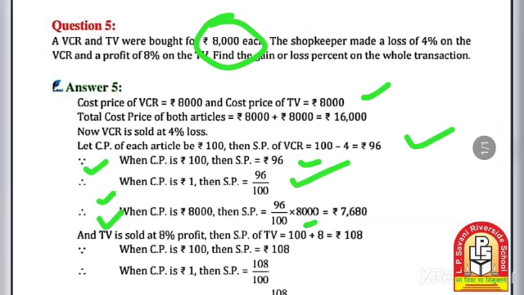So here we got 7,680. The TV is sold at a profit, so the selling price is 100 plus 8, because we have to add the 8% profit to 100. So the selling price is rupees 108.